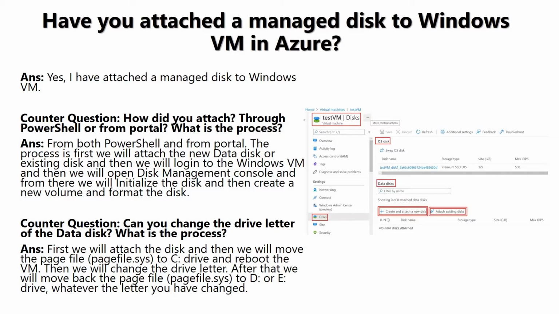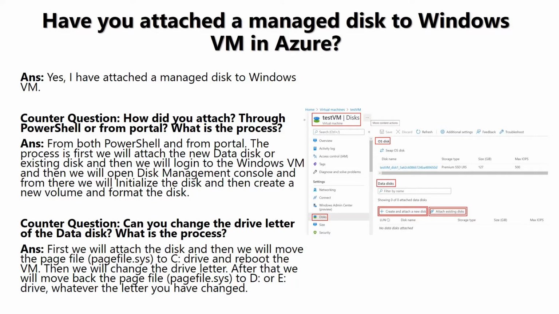One more counter question can be asked: can you change the drive letter of the data disk? Then what is the process? You have to answer that first we attach the disk, and then we move the pagefile.sys to the C drive. Normally it will be on the D drive, but whatever the drive is, you have to move the page file to the C drive.